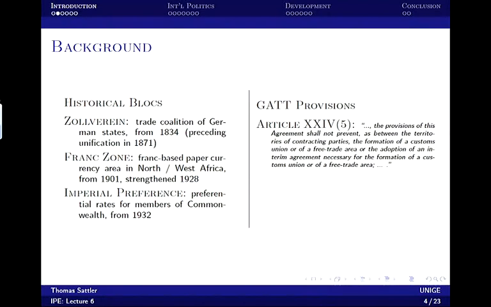So preferential trading agreements are actually allowed by the GATT system. So Article 24 says the provisions of this agreement, so the GATT agreement, shall not prevent, as between the territories of contracting parties, so the contracting parties are simply the GATT members, the formation of a customs union or of a free trade area, or the adoption of an interim agreement necessary for the formation of a customs union.